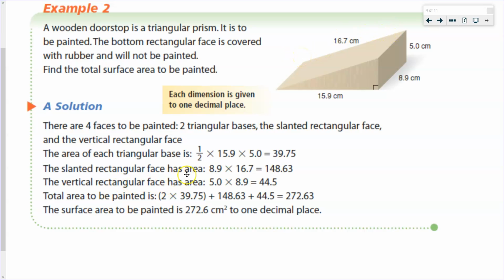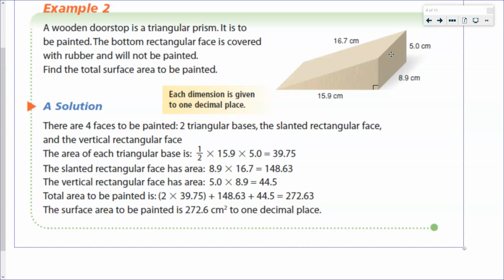The vertical face, meaning the one up and down here, is 5 times 8.9. That one's easy to see. So the total area to be painted is the 2 triangular sides, right, so they multiply that by 2, plus the other 3, plus the other 2 sides.